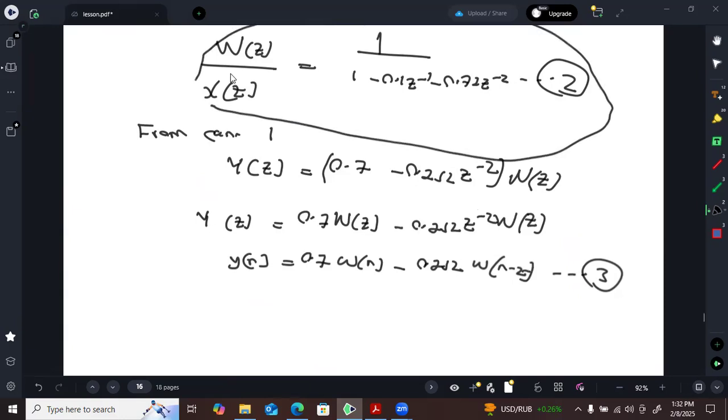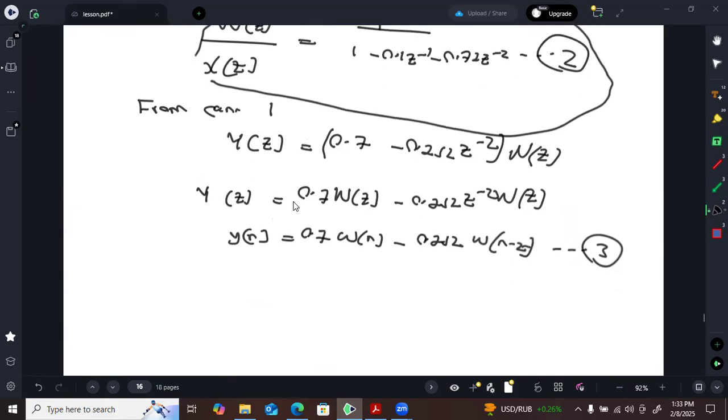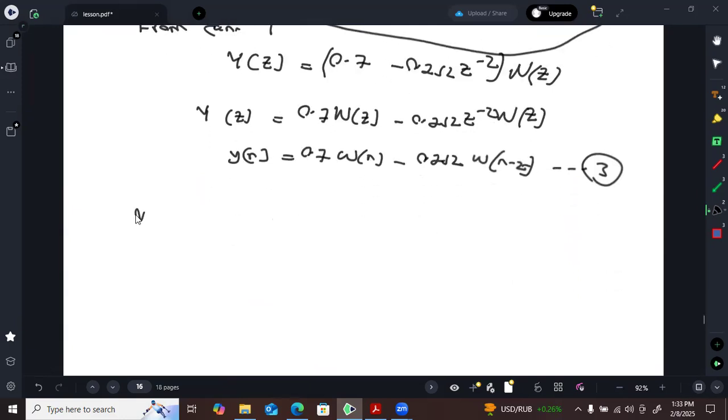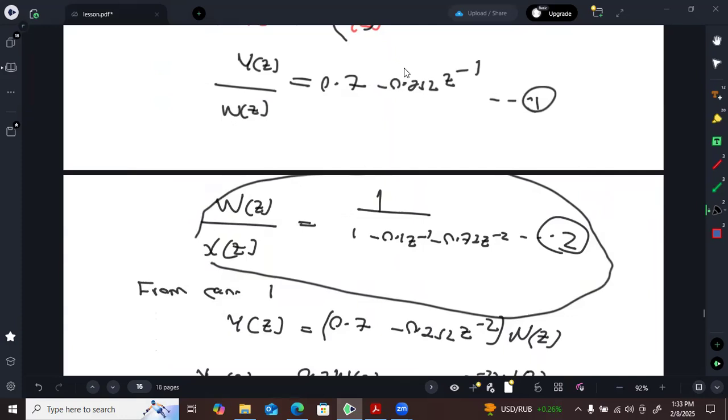Because I will also have, if I cross multiply, wz into everything here. I'm doing this cross multiplication, so wz into 0.1.